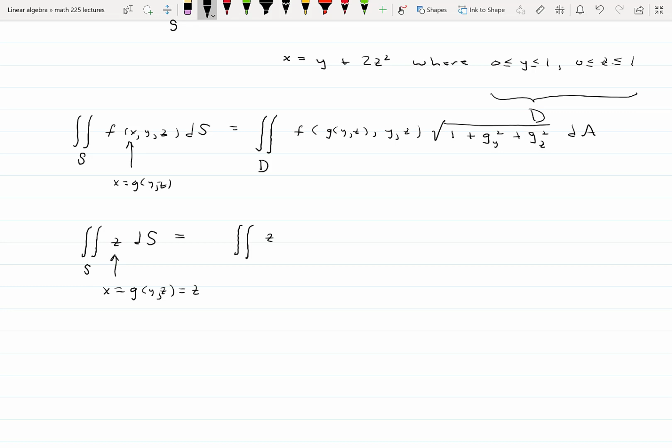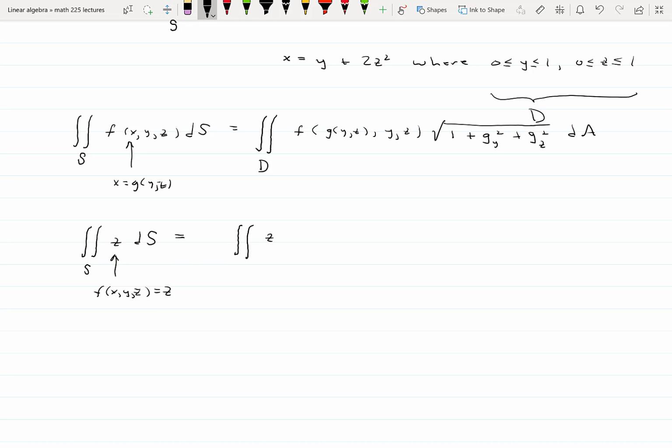I think I've messed up my notation here for a bit. The z is f of x, y, z. Sorry about that. That's the reason if it didn't sound right. f of x, y, z is equal to z.